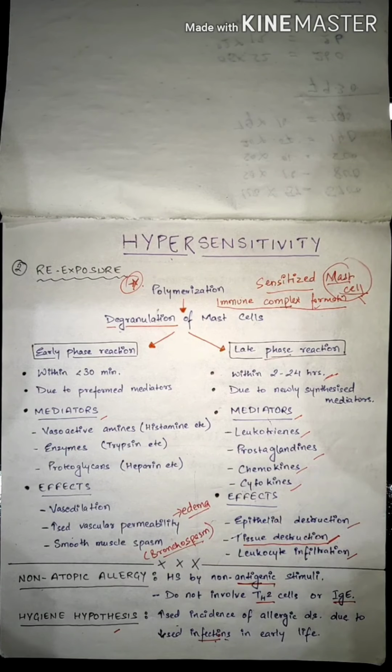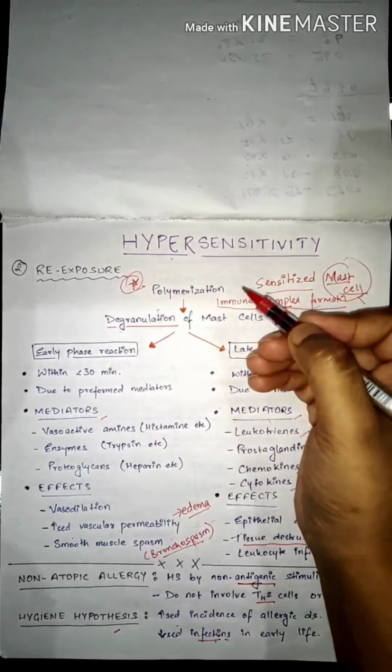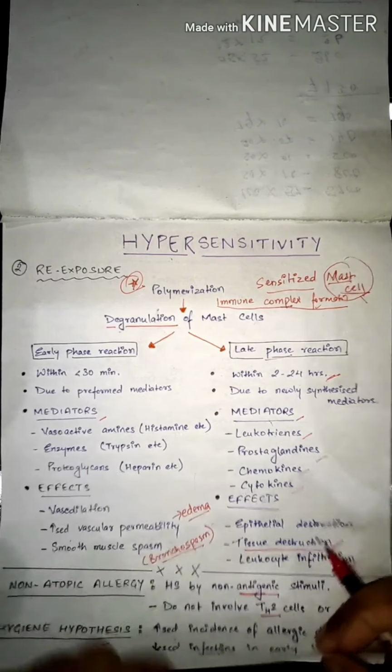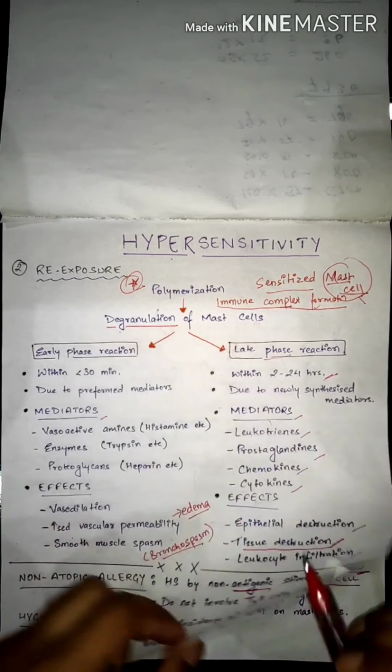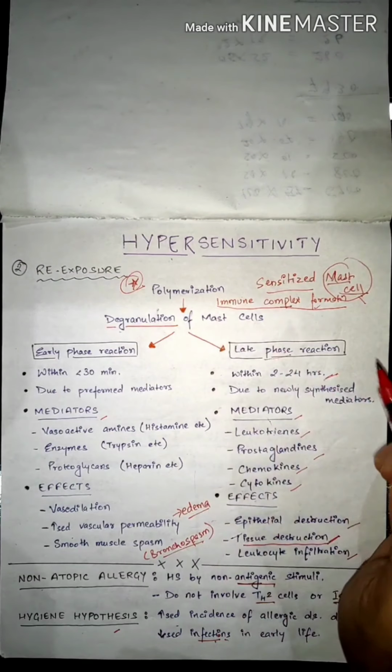So now once our body is sensitized against an antigen, it is now capable of generating an immune response against that antigen. So when this allergen will re-enter our body, it will bind with the IgE antibodies present on the mast cell and immune complex formation will take place, that is polymerization.